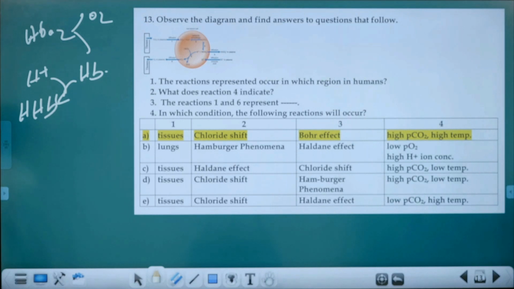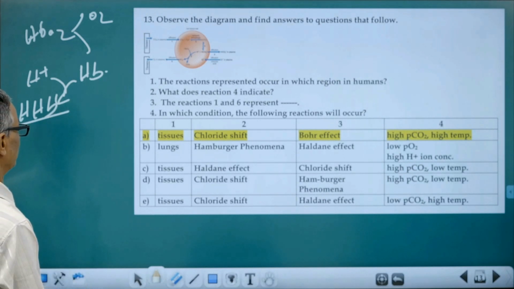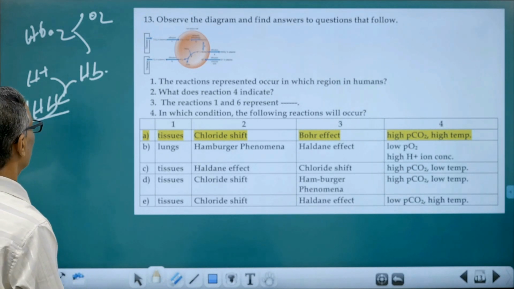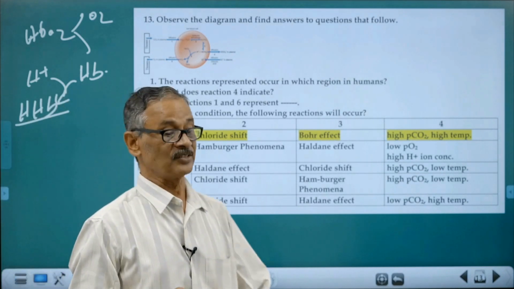Understand? That is why the pH is coming down. That is, in tissues, we are having high hydrogen concentration, pH is coming down, acidity. It is because of formation of hemoglobinic acid, HHb. And that will be affecting the hydrogen ion concentration.